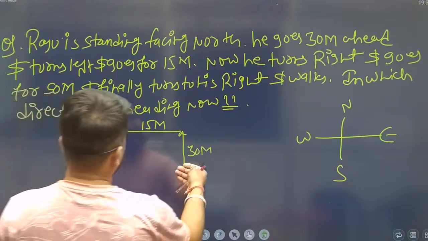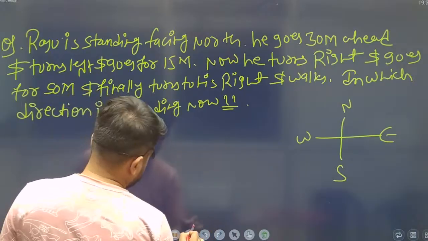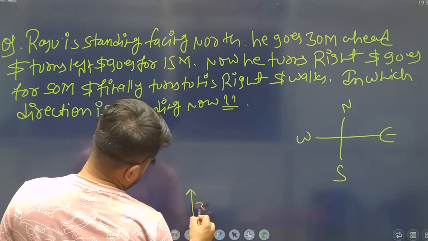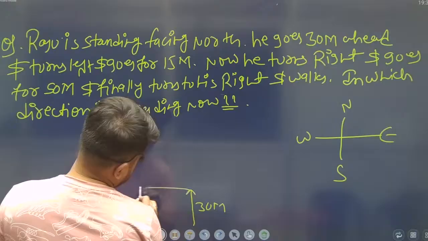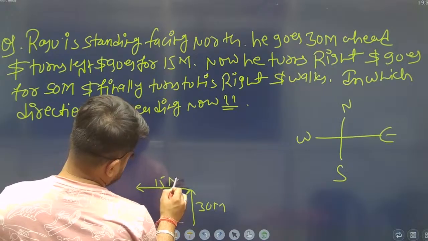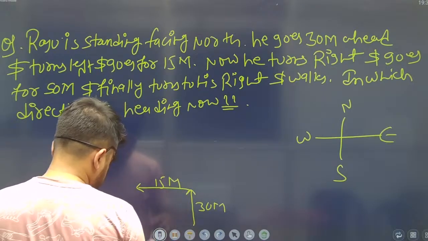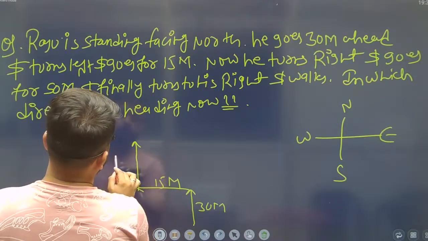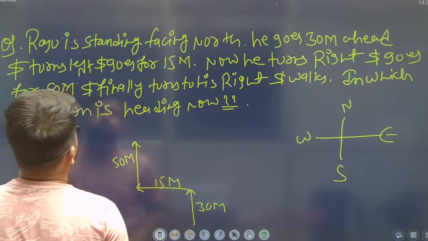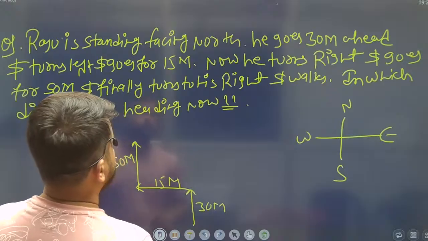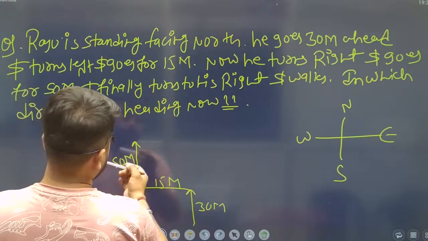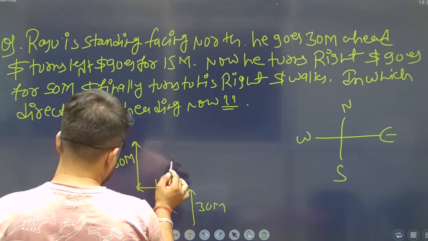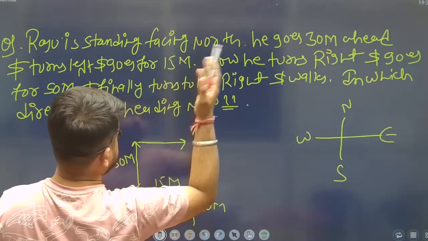Restructure the diagram: 30 meter, 15 meter. Now he's going to the upside, right? He's going towards the 50 meter and finally turns to the right and walks. He went to the right and is just walking, we don't know how many meters.